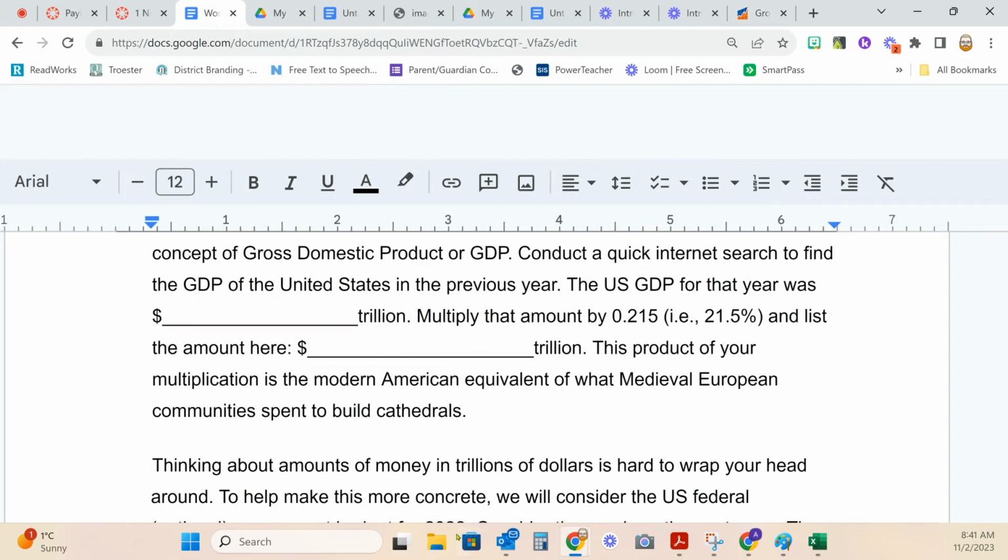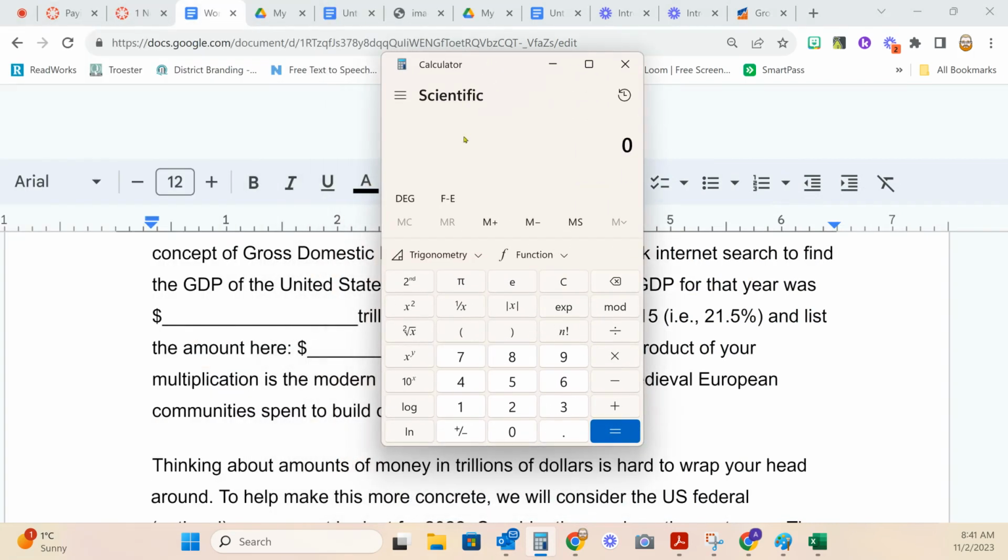Okay, so if we take our 26.14, multiply that by 0.215, we get, we call that $5.62 trillion.